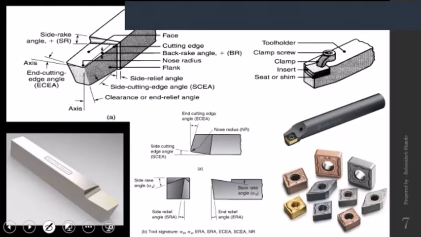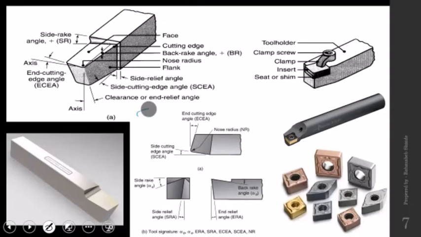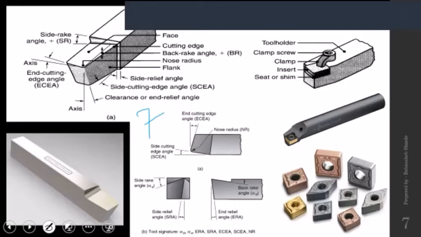So when it comes to representing a single point cutting tool geometry, there are 7 characteristics that we need to remember. What are the 7 characteristics? Two related to the rake face, side rake angle and back rake angle.